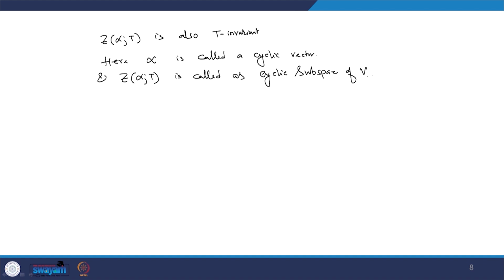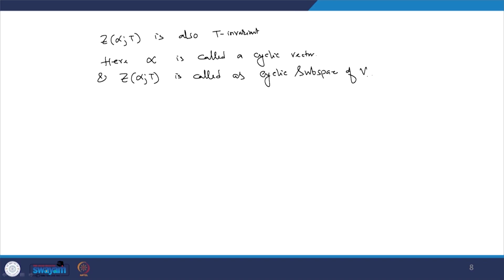Why is alpha called a cyclic vector? Because all the elements of z alpha t are basically linear combinations of alpha, t alpha, t square alpha, t cube alpha and so on. That is why alpha is a cyclic vector.